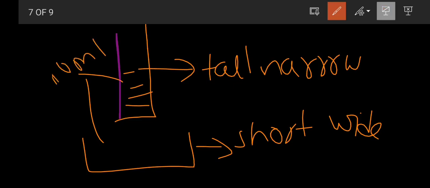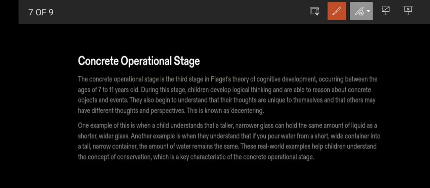The child can understand this. So here the child will gain the concept of water conservation.